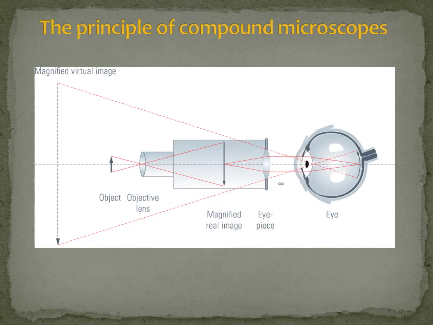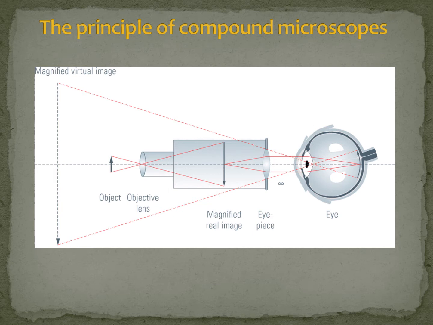It's interesting to notice that a compound microscope functions by successive amplification. So you can see here the objective lens will amplify the image of the object, and it will create a virtual image inside the compound microscope. And then the eyepiece, or the ocular, as we nowadays call it, will focus this virtual image into the eye of the observer.